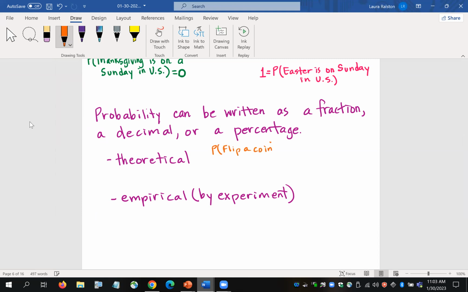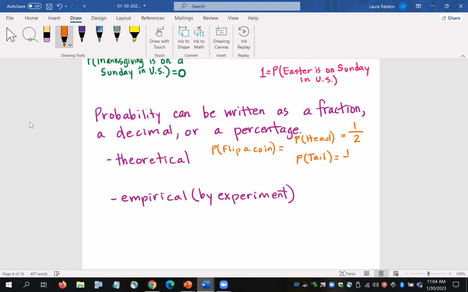And again, oftentimes you would see that written as a fraction because it's going to be the number of ways to get, say, a head. So if we were thinking about flipping a head, it's how many ways you can get a head, which is 1 over the total number of things that could happen. It's almost like a frequency or a relative frequency. You're looking at the number of times or the number of ways that a particular event can occur.